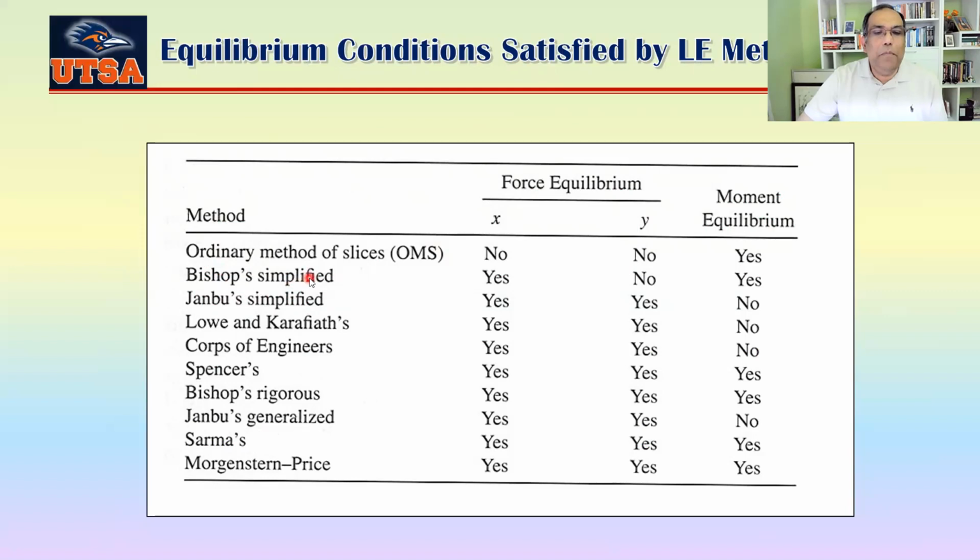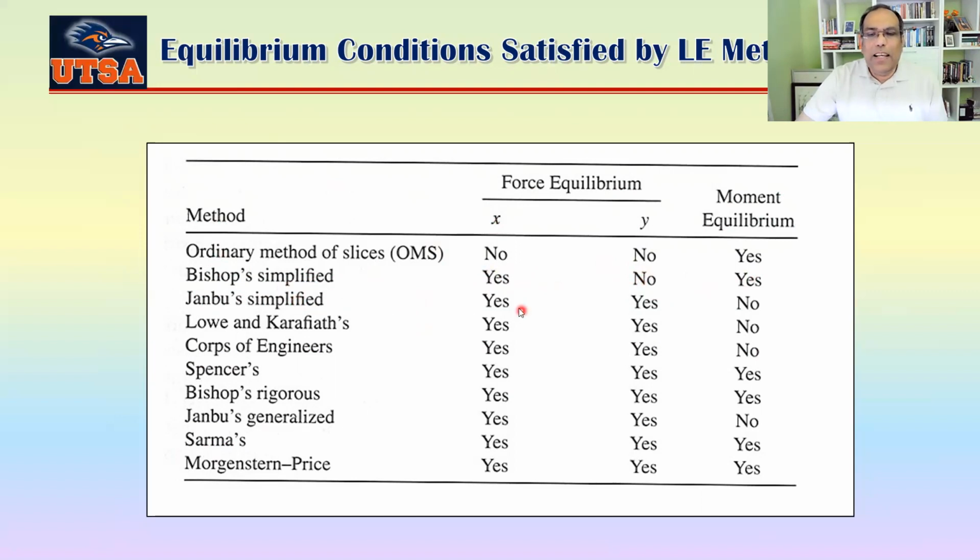Bishop's simplified method, as I said in the last slide, does the summation of Fy and then not summation of Fx. Actually, this one is a little bit off here. This one has to be no, and this one is yes, and this one is yes.